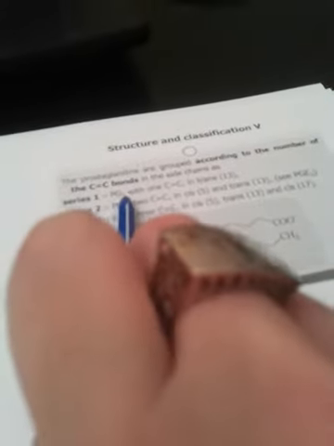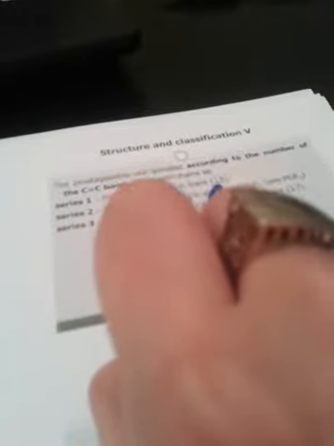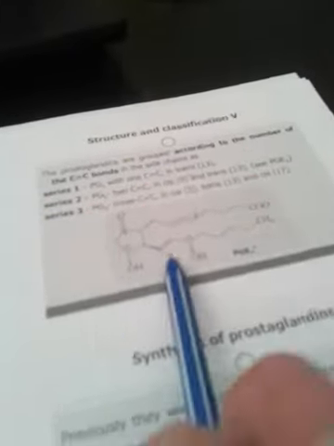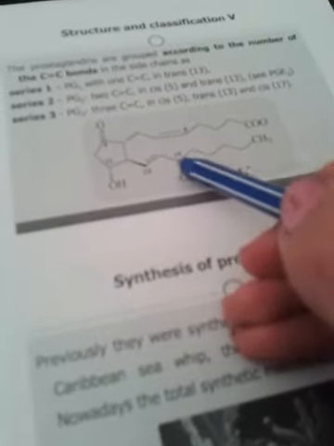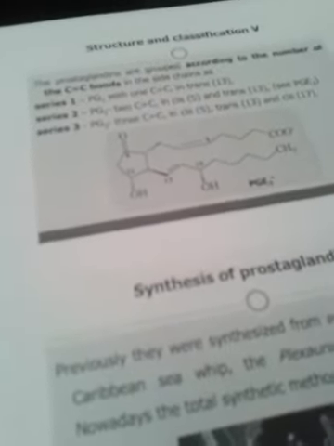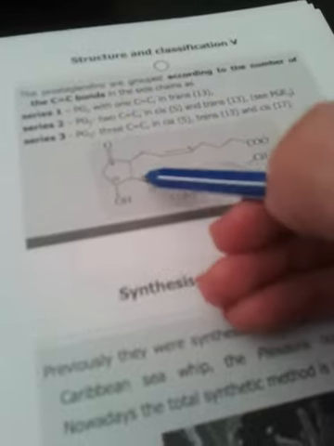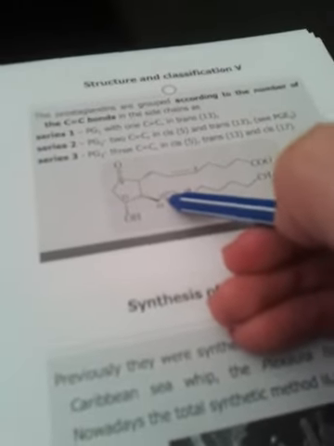Okay, according to the number, series 1, series 2, series 3. Prostaglandin 1 has one double bond, trans, at carbon number 13. See, this is carbon number 13, and this is trans. If my prostaglandin has just one double bond in the trans position on carbon number 13, it is series 1.